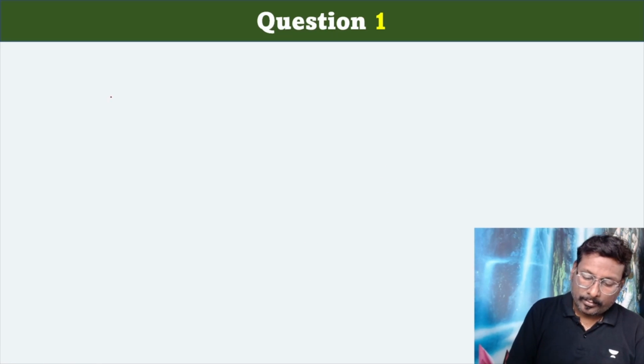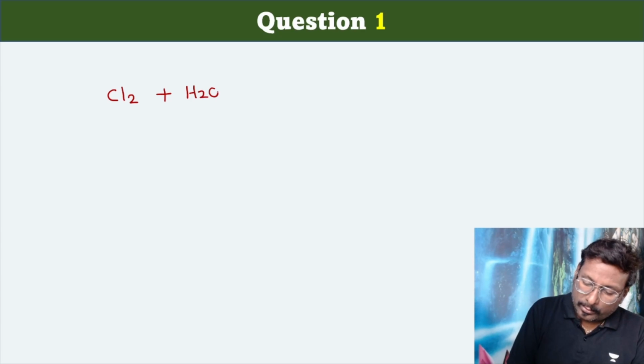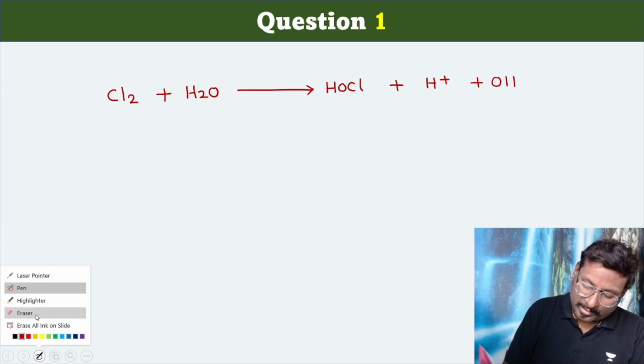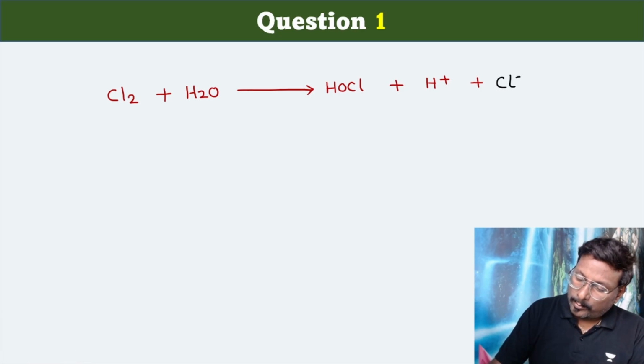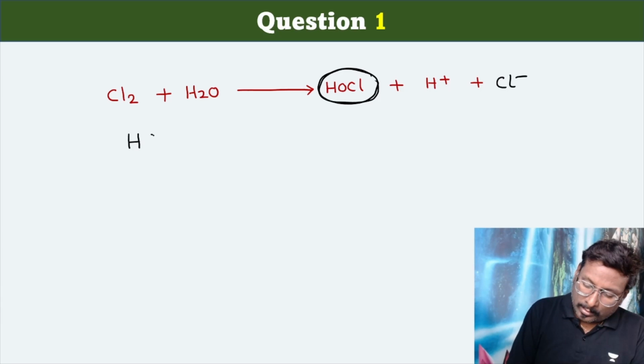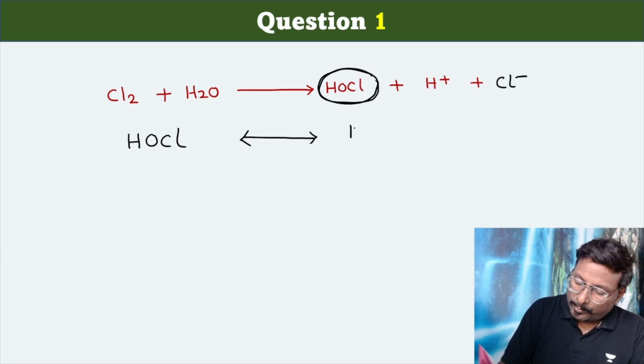When chlorine is added into water, it breaks down into HOCl plus H plus Cl minus. This is hypochlorous acid. This HOCl later on, by a reversible reaction depending upon the pH, breaks down into OCl minus and H plus.